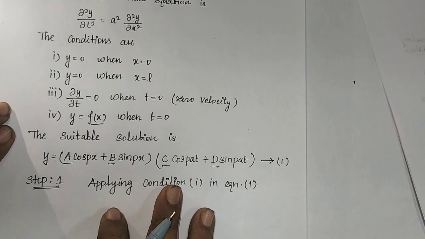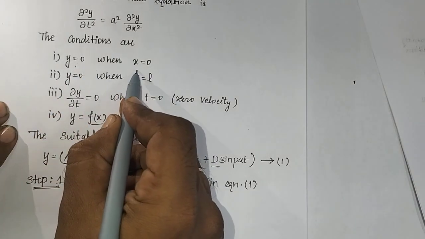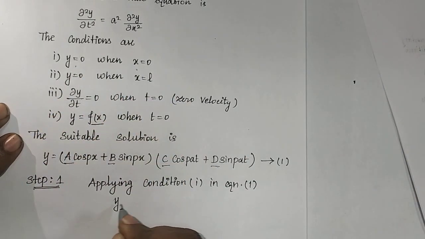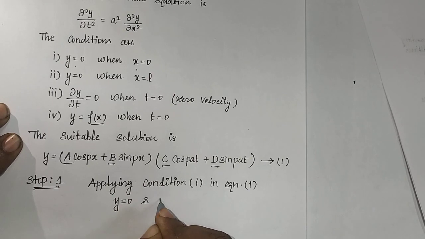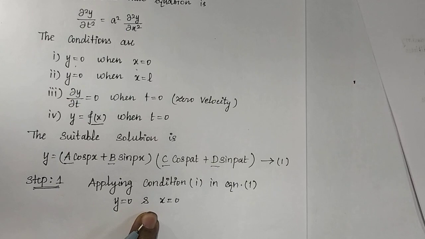What will be our condition 1? y = 0 and x = 0. So I am writing here y = 0 and x = 0. These values I am going to substitute in our equation 1. Substituting in equation 1, left hand side y = 0, right hand side x = 0.